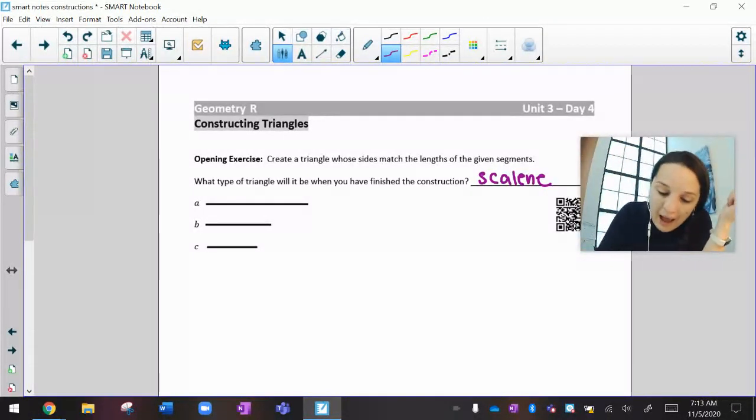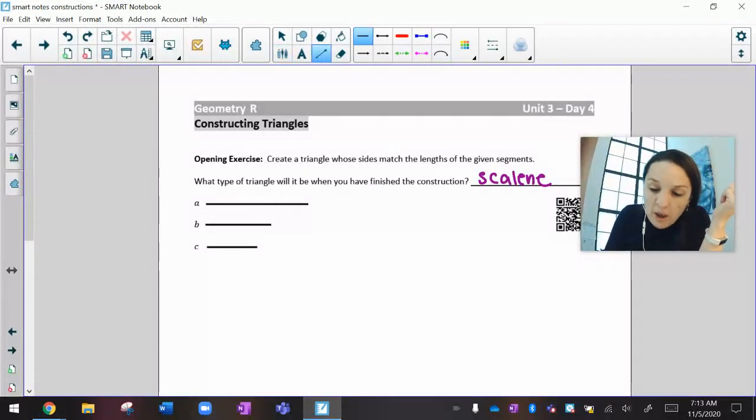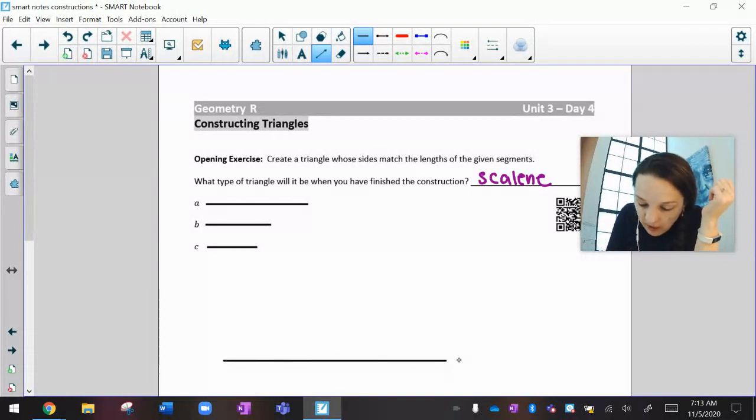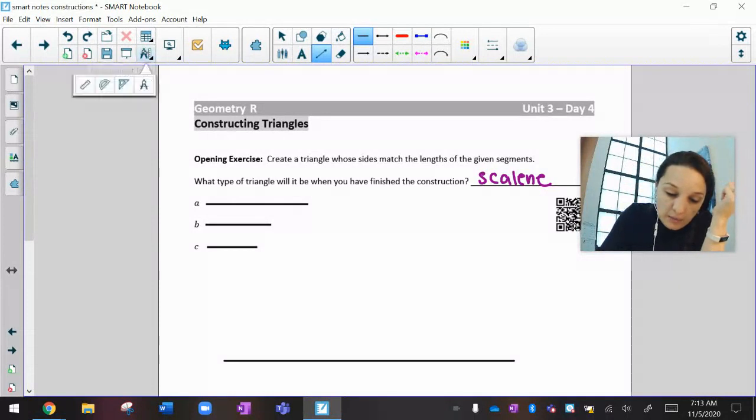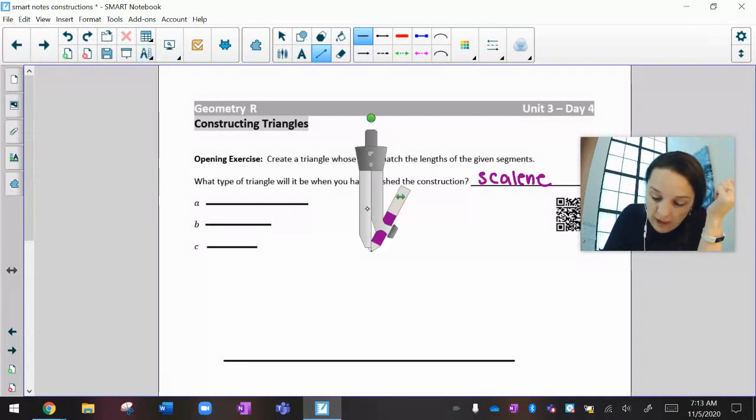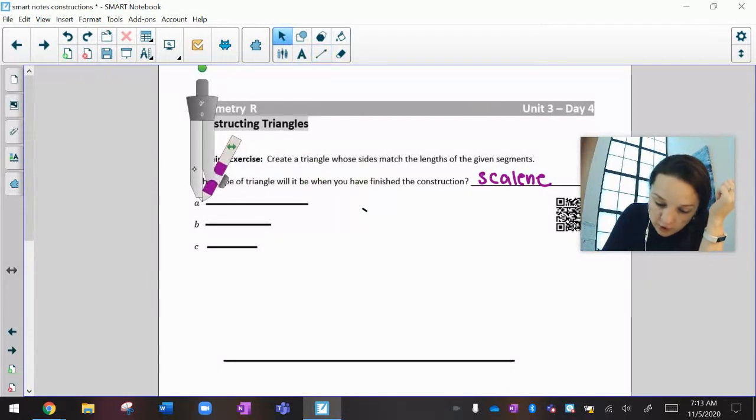All right. I want to make a scalene triangle where one side is as long as A, another side is as long as B, and another side is as long as C. All right. So the first thing I'm going to do is I'm going to copy the long side first. So I'm going to go through that process of copying a segment. I'm going to draw a line that's too long. I'm going to grab my compass, and I am going to open my compass to measure how long A is.